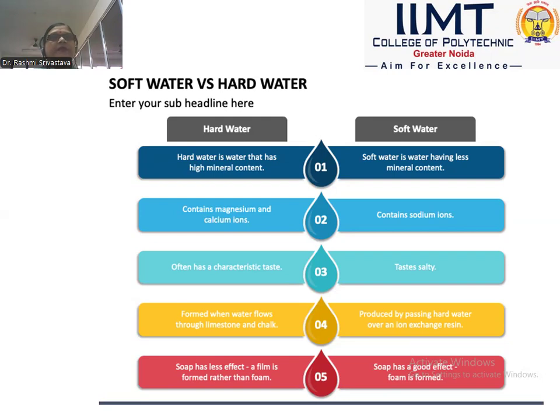It is much better tasting as compared to the soft water. And if we take soft water, then it is totally salty. So we always prefer to have hard water due to its tasty nature.